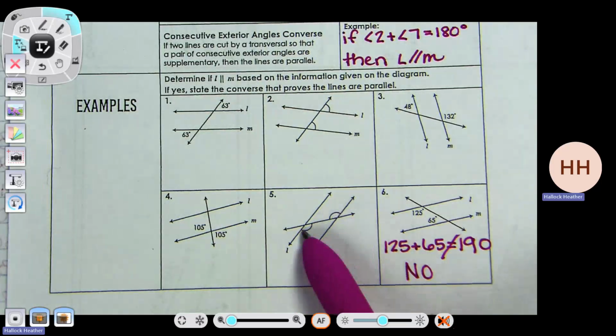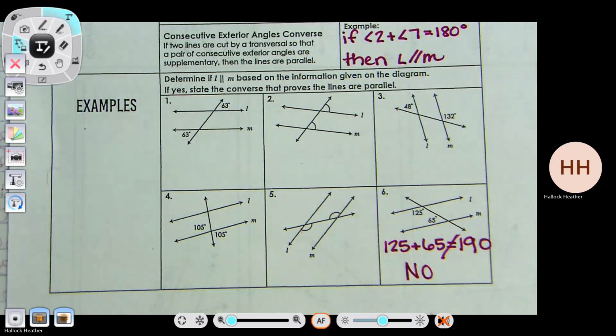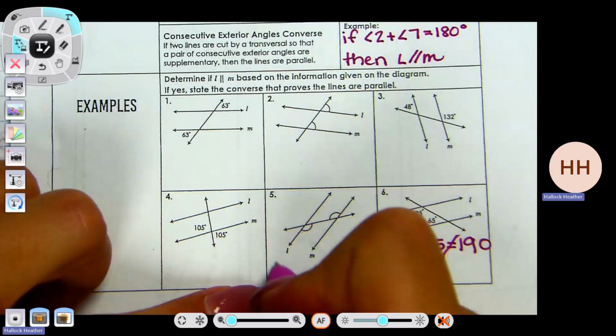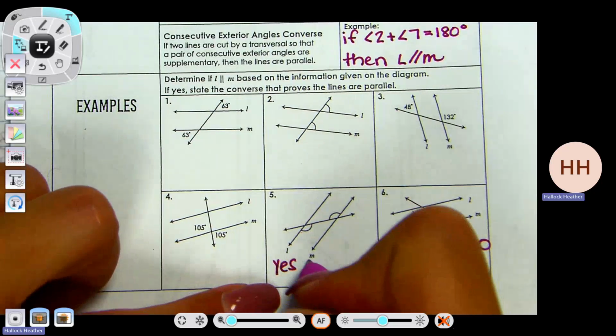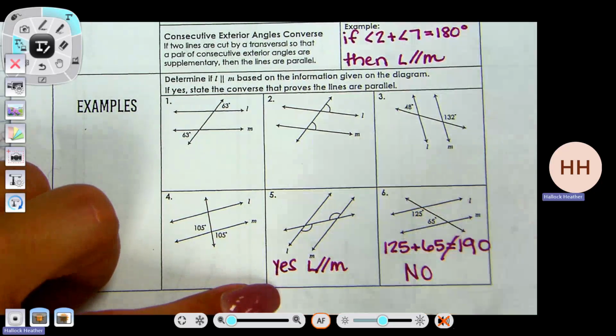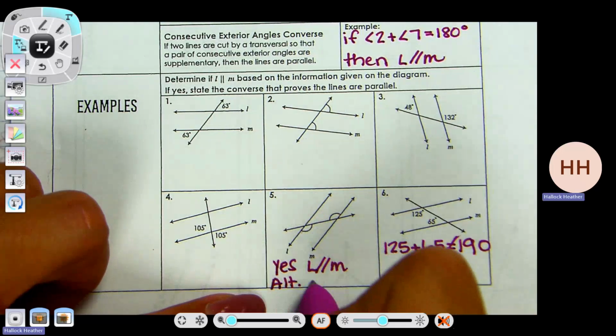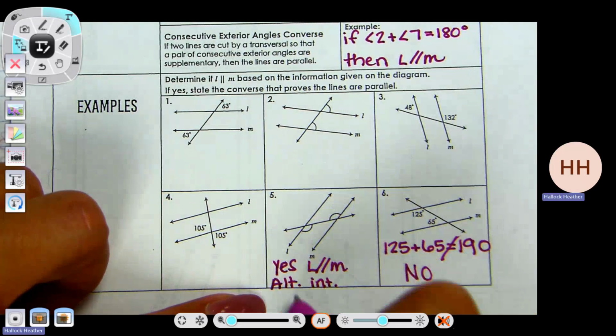What kind of angles are these? They're obtuse. They're alternate interior. Alternate interior angles are congruent. Because they tell me they are congruent, I'm going to say yes. L is parallel to M. The reason why I know is because of alternate interior angles converse.